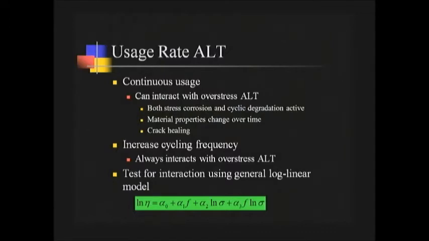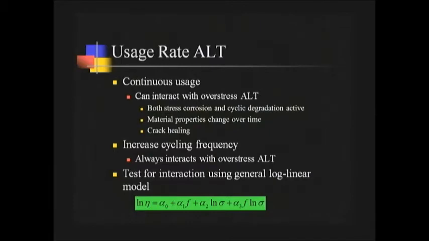And so if you have any type of corrosion occurring with the environment, or the environment changing the material properties over time, or the environment may actually interact with some materials to heal the crack, to reduce the size of the crack, if the material is not used for a period of several hours. And by using the material continuously, you do not allow that healing to occur or the crack tip blunting to occur. So these can all be errors associated with continuous usage.